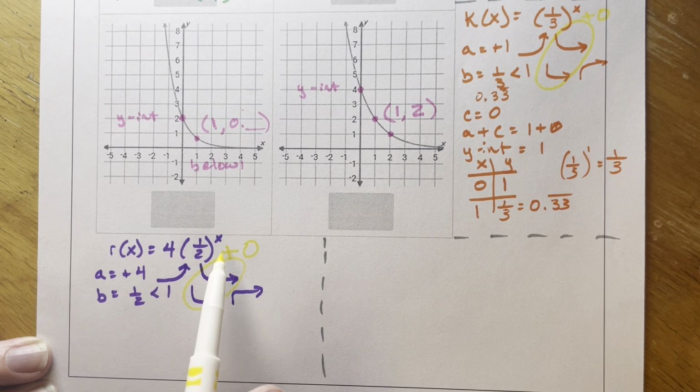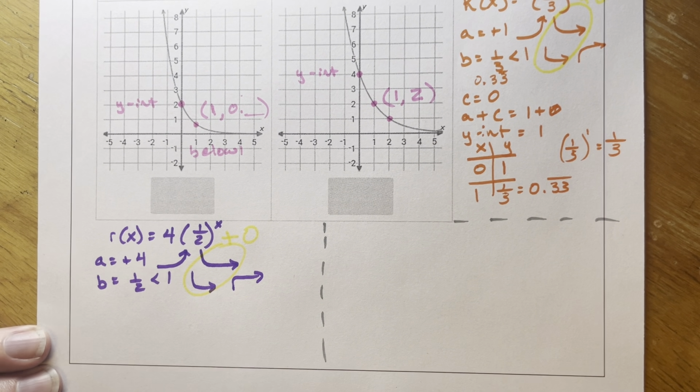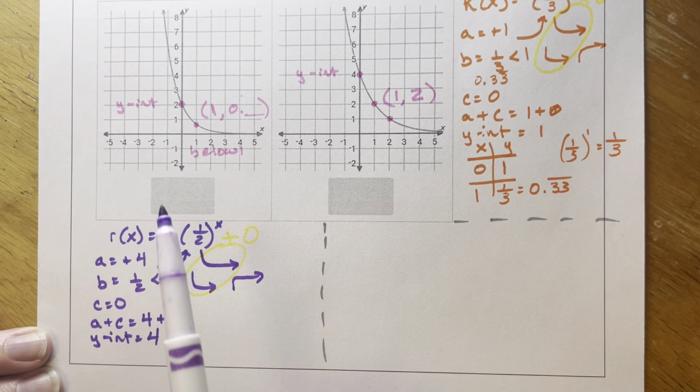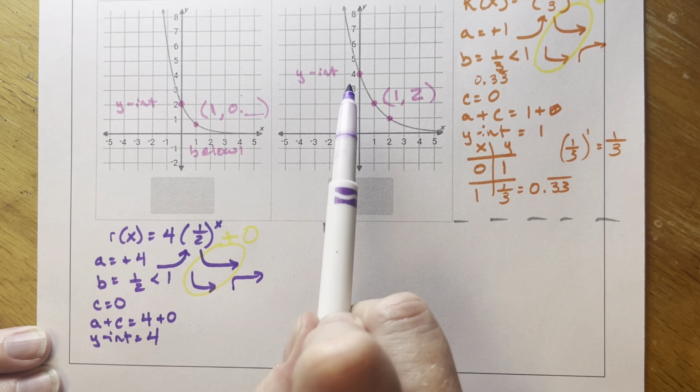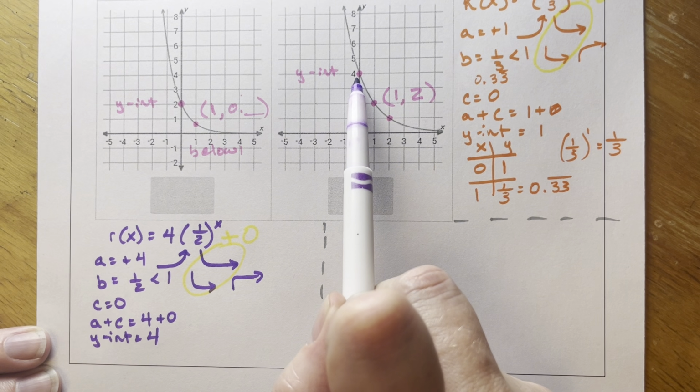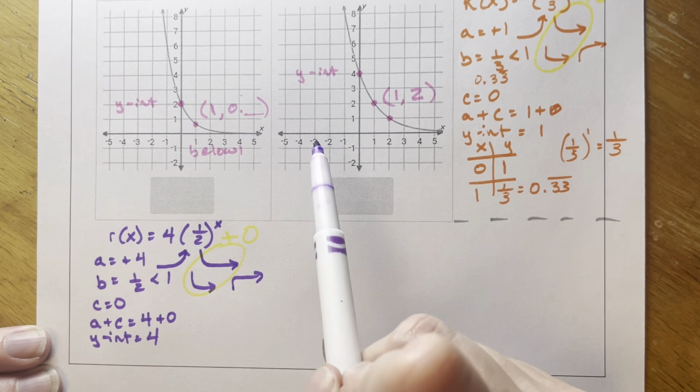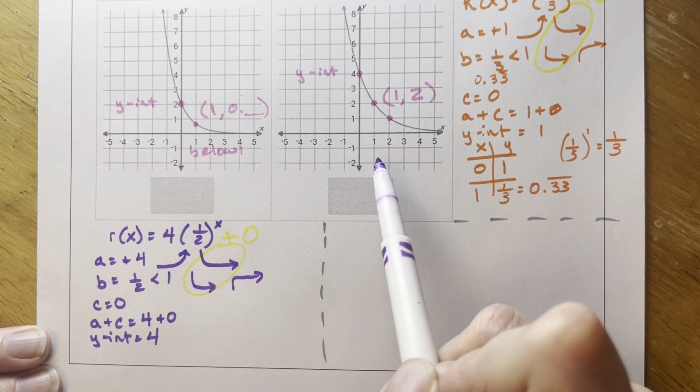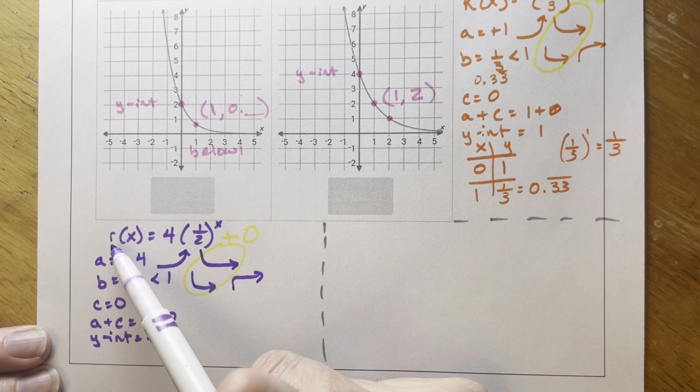We know that with nothing added or subtracted at the end of our function, we have a c value equaling 0, which helps us to find our y-intercept as 4 plus 0, telling us that our y-intercept is 4. So between these two graph options, our fourth and final option is the only one that has a y-intercept equaling 4. So this is most likely our correct graph for our r of x equation.